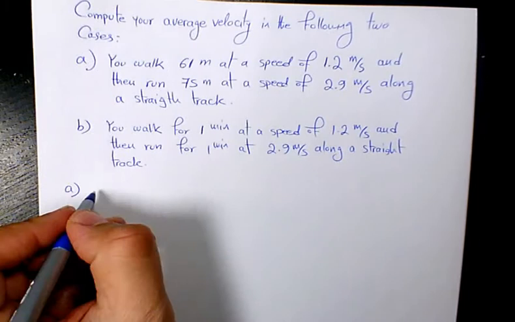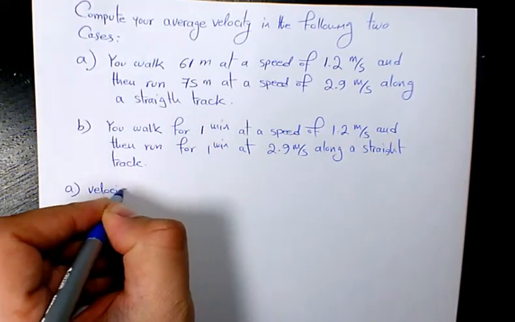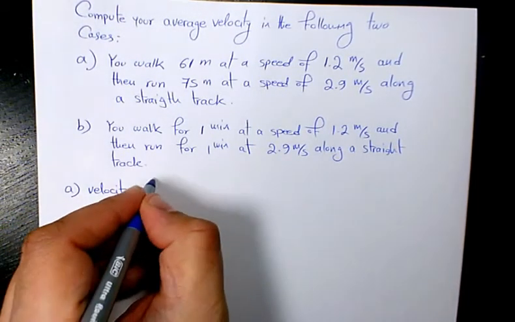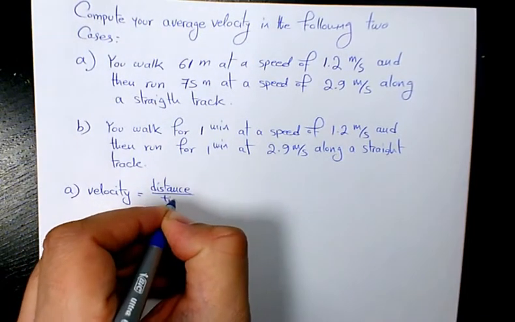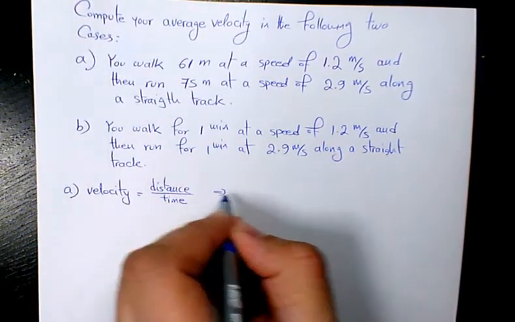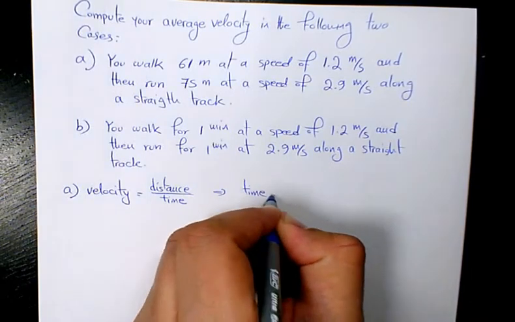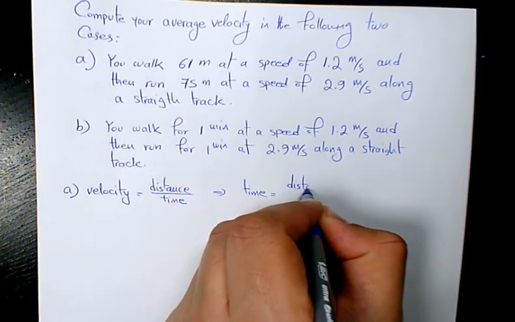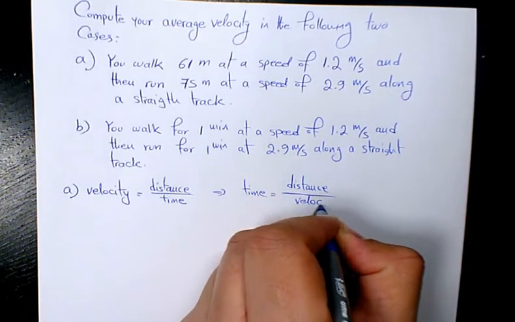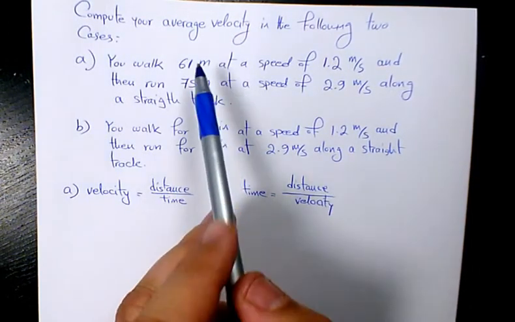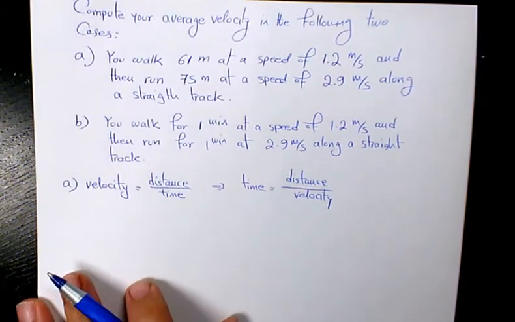We know velocity equals distance divided by time. It means that time is equal to distance over velocity. So in part A we have the distances and we have the velocity.